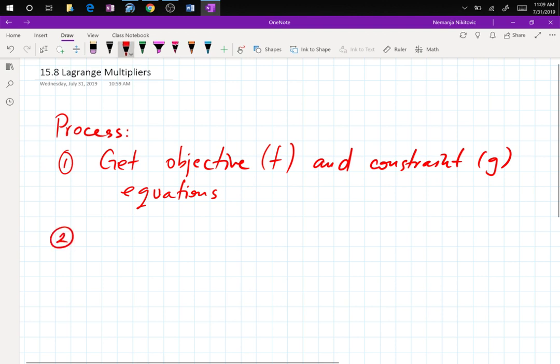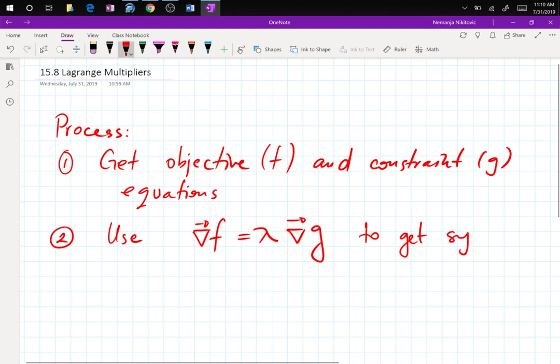Number two, use del f equals lambda del g to get a system of equations.